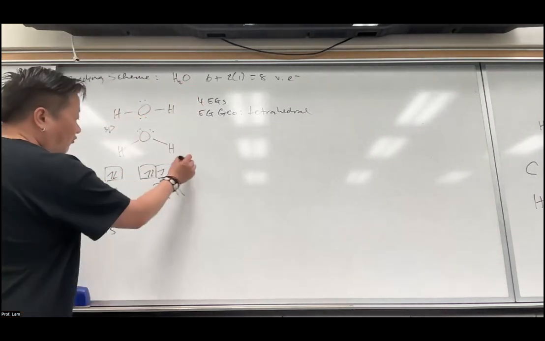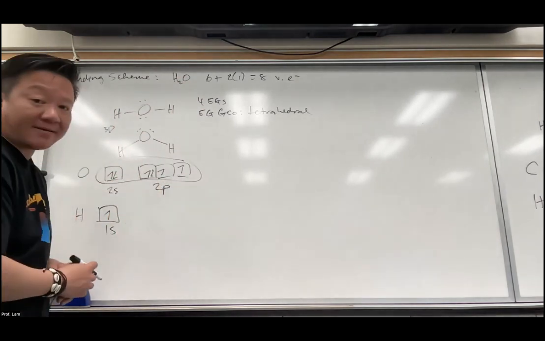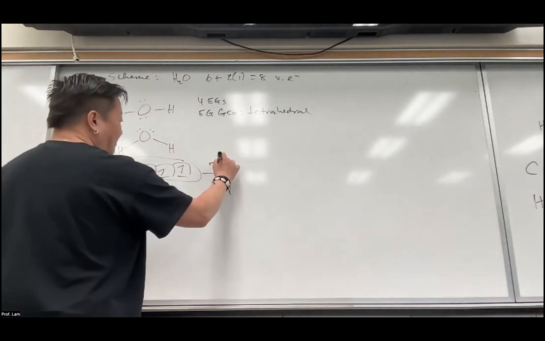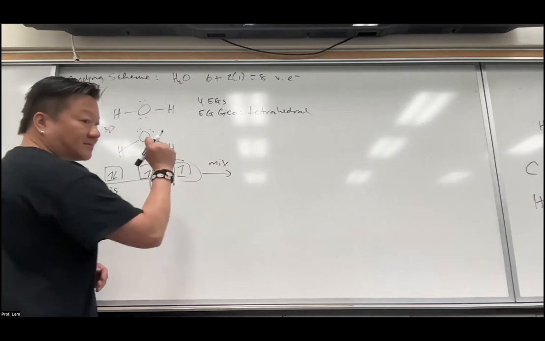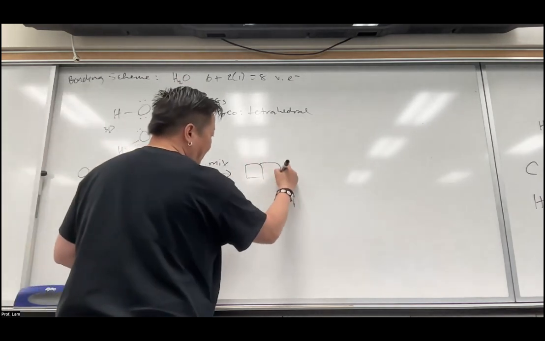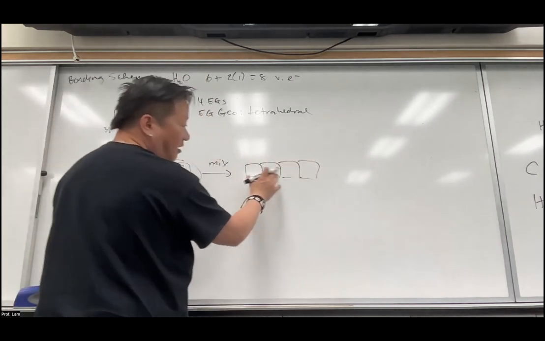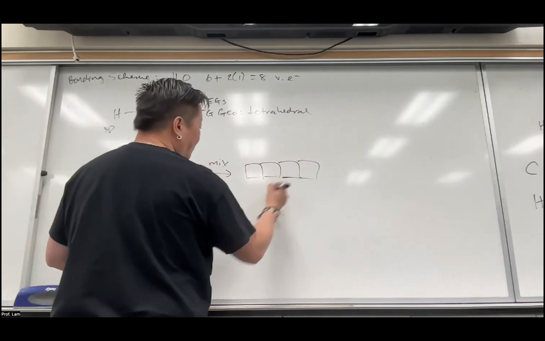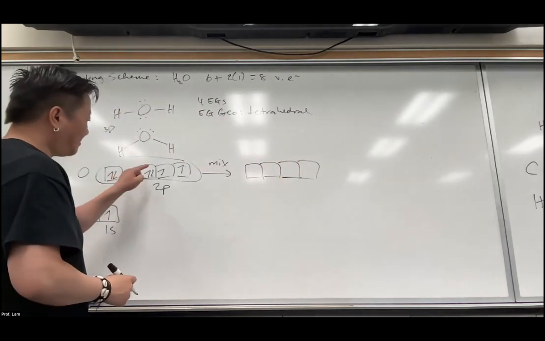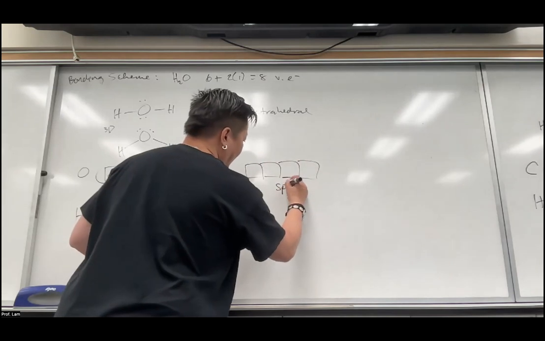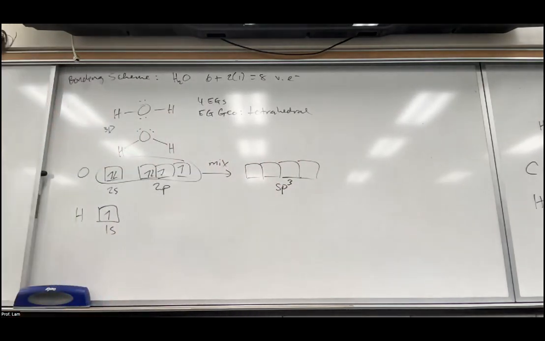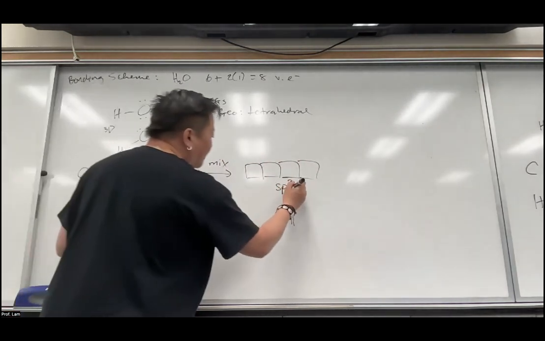So I gotta circle 4 boxes, always like that, right? And mix it together. If I circle 4 boxes, then I gotta make 4 boxes on the other side, all stuck together. They're all called what? sp3. Okay. And what do they all look like?